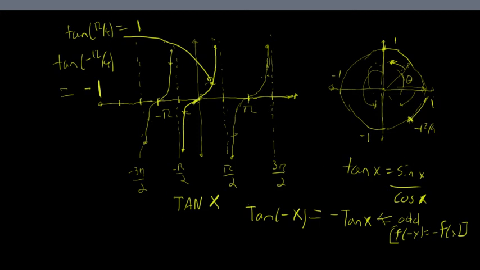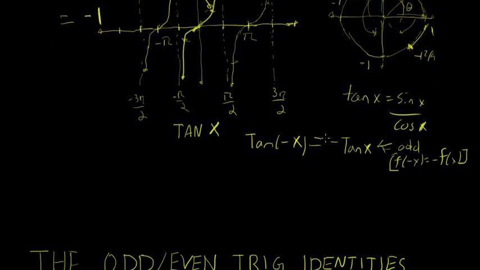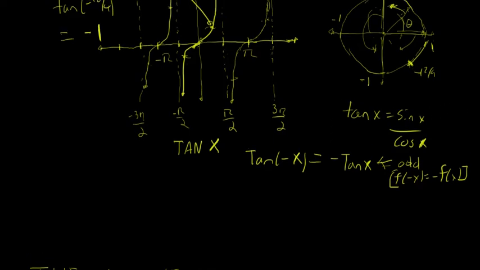Now what about cotangent? Well, if you remember, cotangent of x is cosine of x over sine of x. But tangent of x is sine of x over cosine of x.